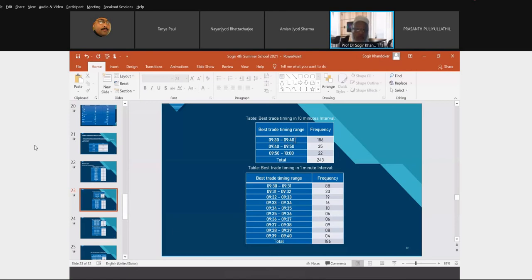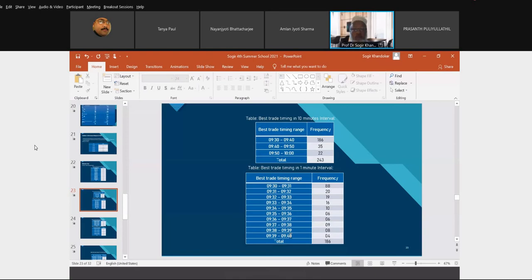But if we want to know further, within this 10-minute time frame, which time is better for investment considering the transaction cost, then we split these 10 minutes into 1-minute intervals, that is 9:30 to 9:31, 9:31 to 9:32, and in this way up to 9:39 to 9:40.